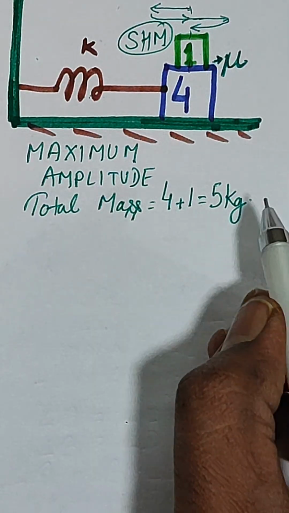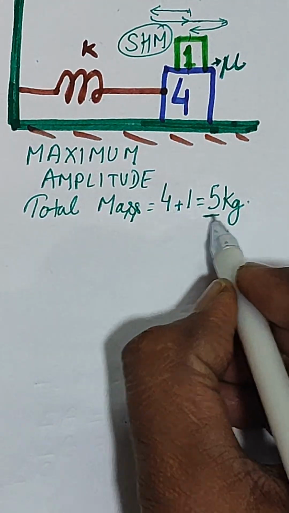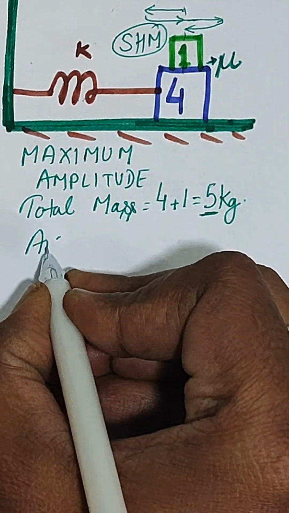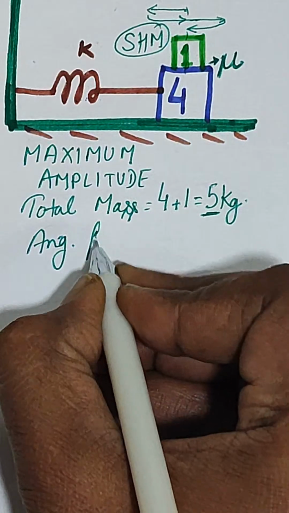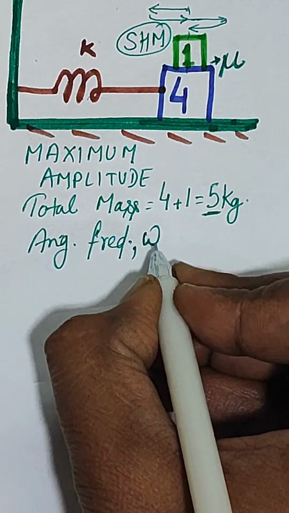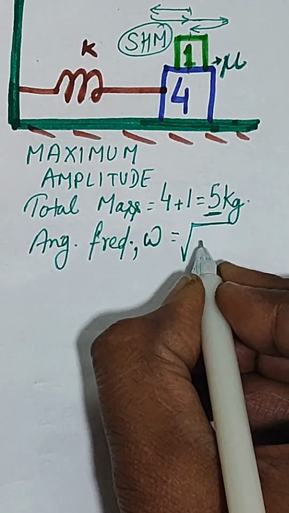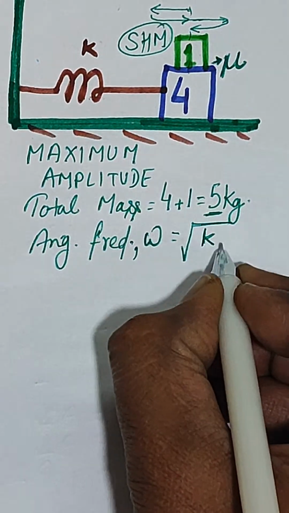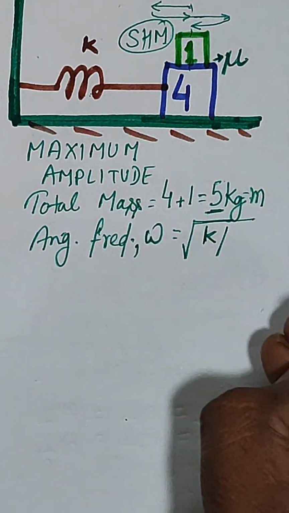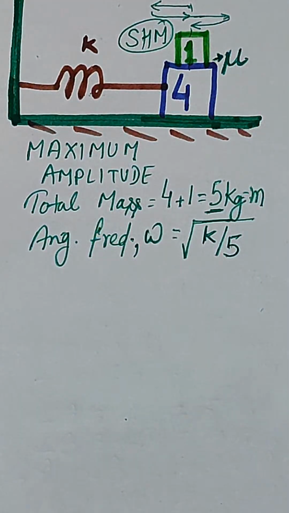Now the angular frequency for the entire block of 5 kg, 4 plus 1, let us say omega, can be given as root over k by m. So k is the spring constant and m is the mass, which is equal to 5 kg. This is the angular frequency of this SHM.